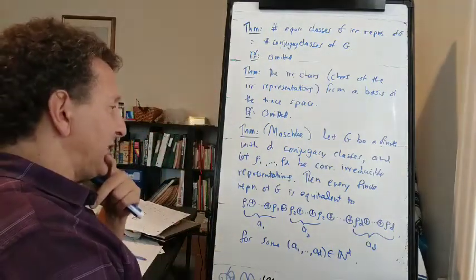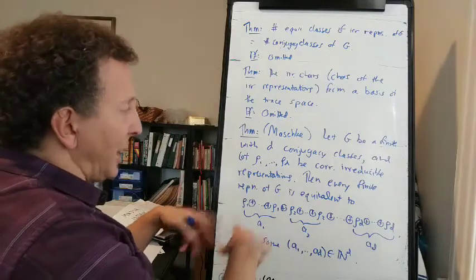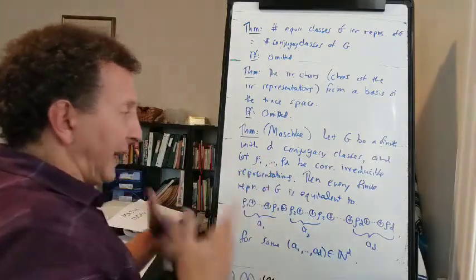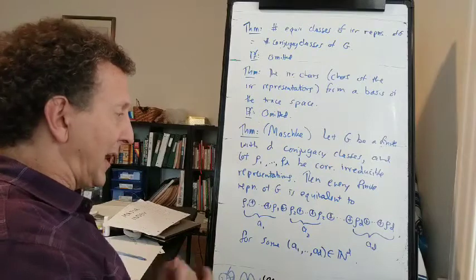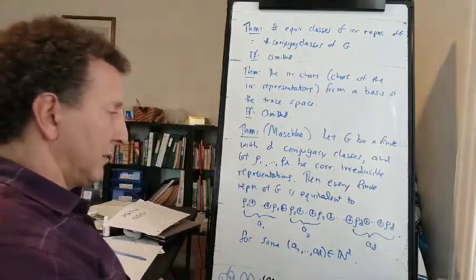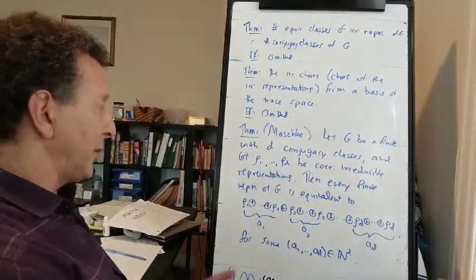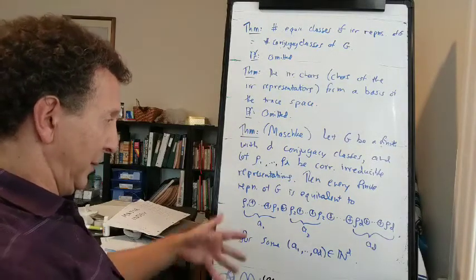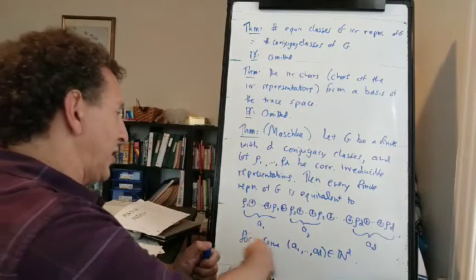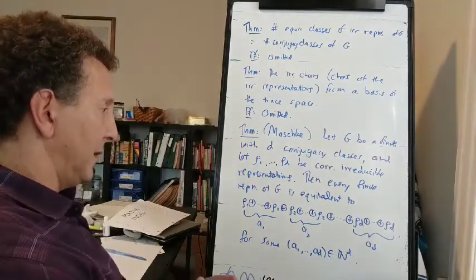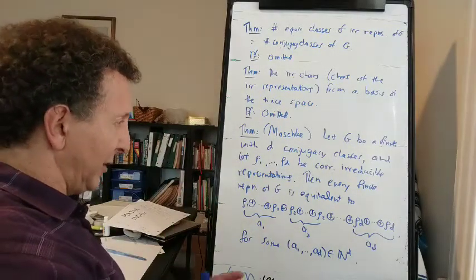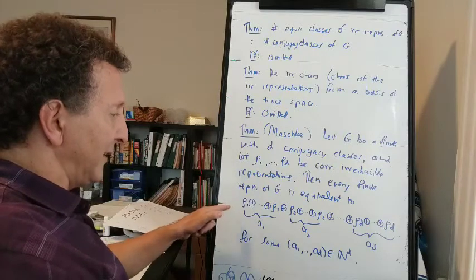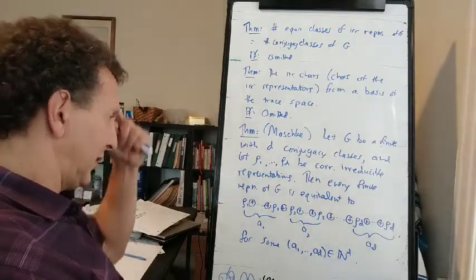So every representation can be described in terms of this sort of basis, except the only linear combinations we're allowed are non-negative integer linear combinations. Of course, for a basis of a complex vector space, we'd be using all complex scalars. But here we're only using non-negative integer scalars.